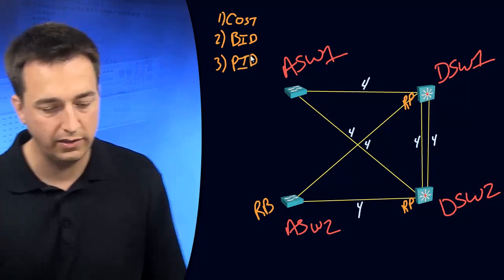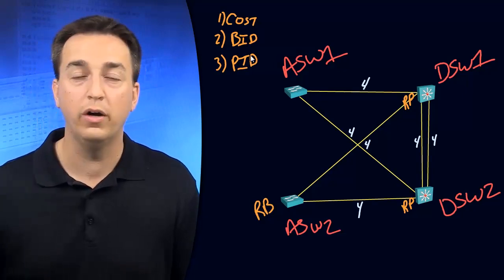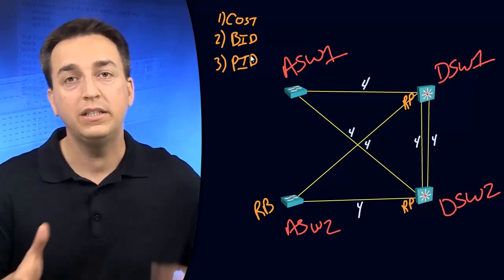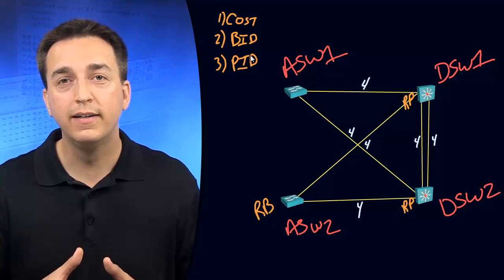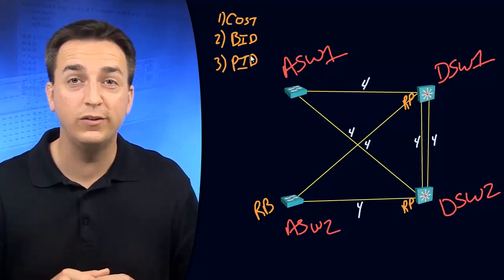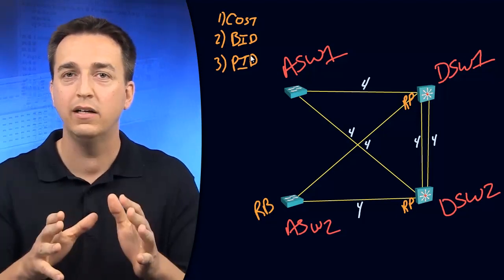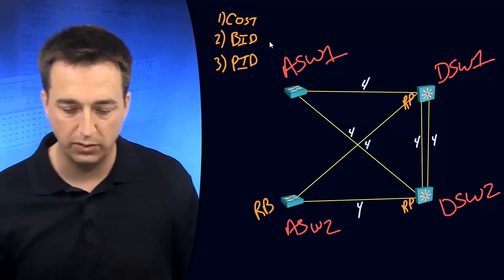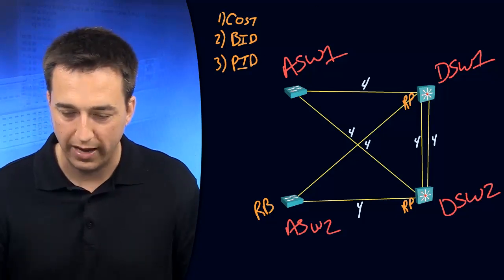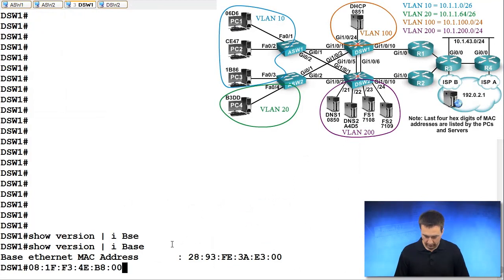So if we analyze the bridge IDs now of DSW1 and DSW2, who has the lower bridge ID? Well, DSW1 is using 32,768, the default priority, and so is DSW2. That's tied. So then we look at the MAC addresses between DSW1 and DSW2. Let's do that. So DSW1's MAC address is this right here.